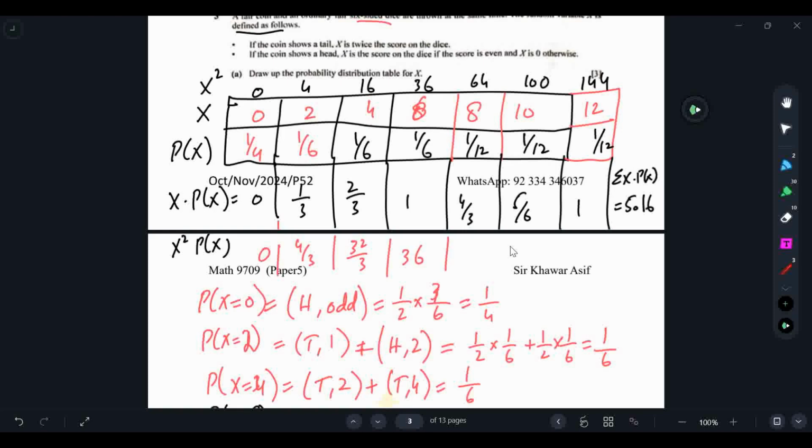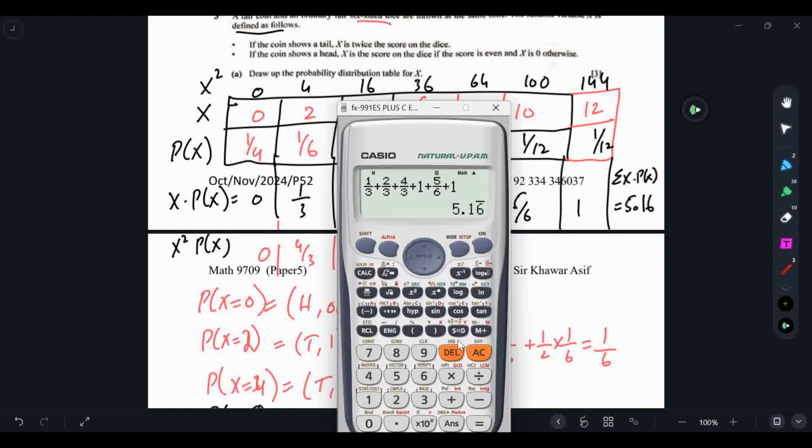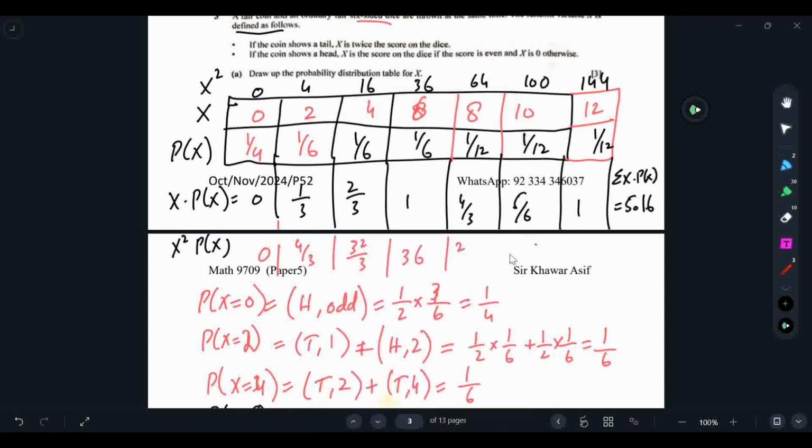Then we will have 64 into 4 by 3. So 64 multiplied by 4 by 3, this will be 256 by 3.